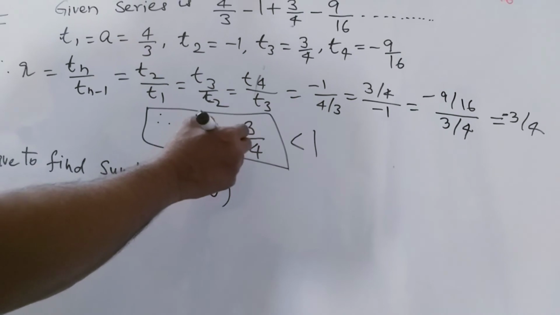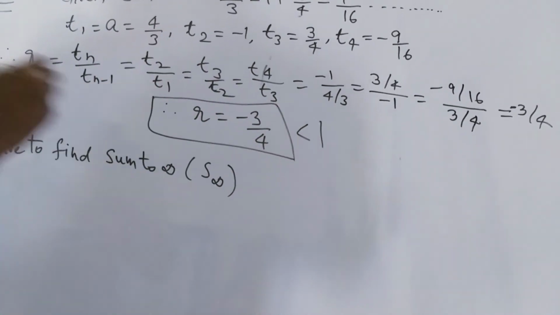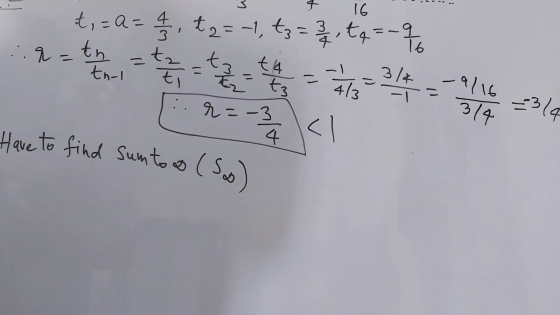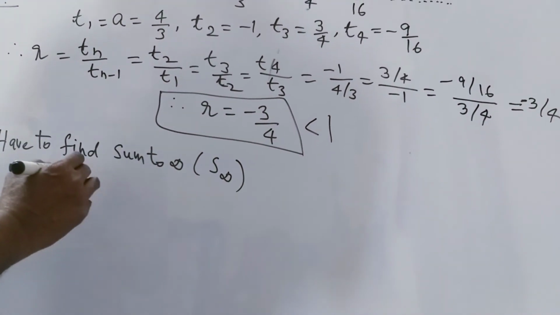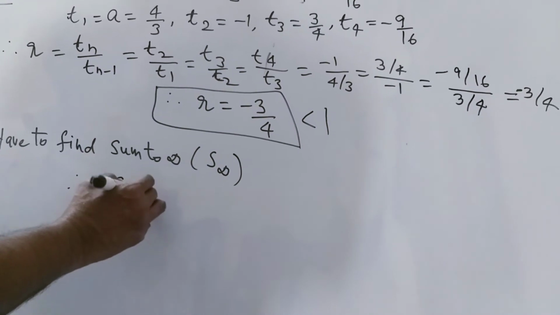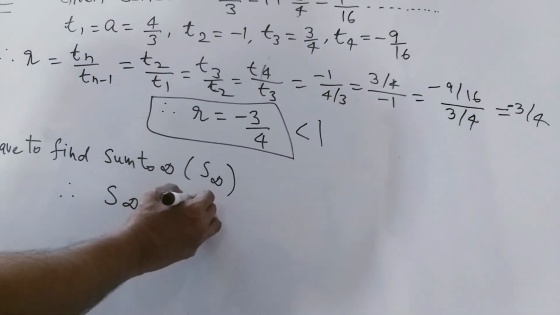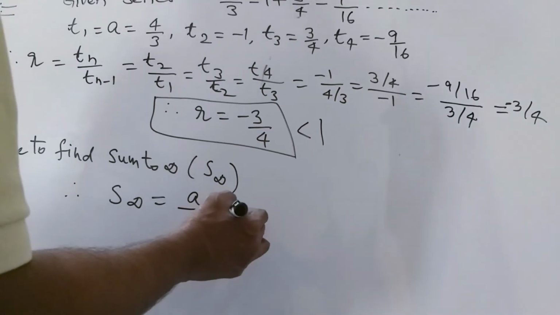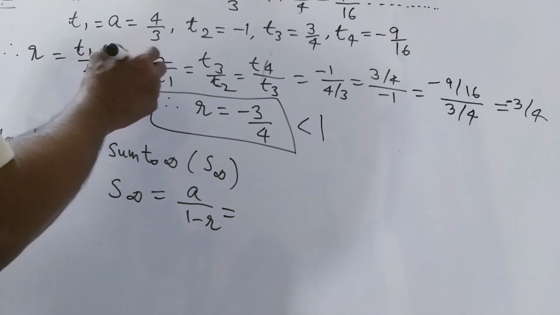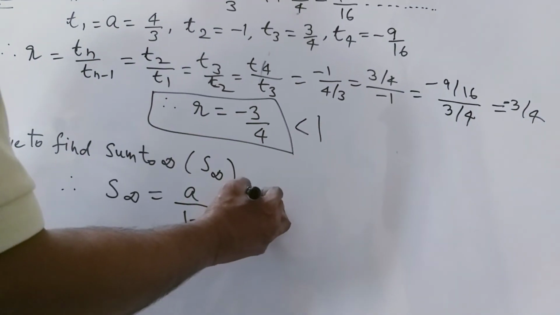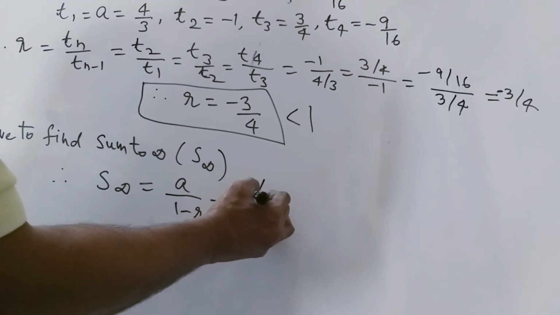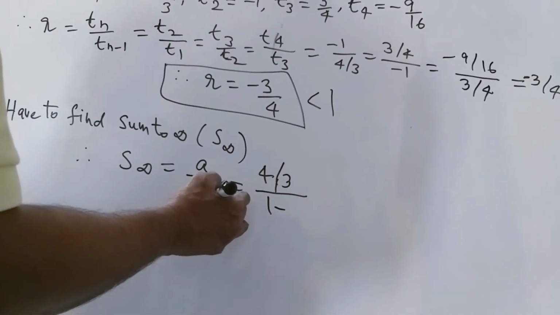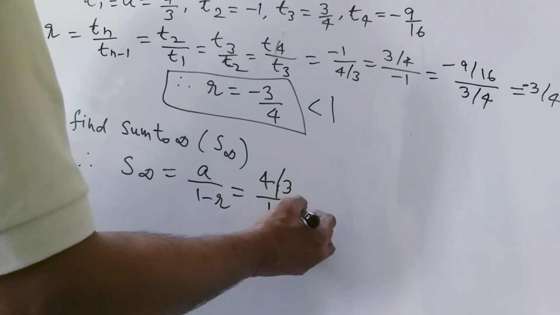Since the common ratio is less than 1, we take the formula and find the sum to infinity of the terms. Therefore, sum to infinity is equal to a by 1 minus r. Here a is equal to 4 by 3, and 1 minus r, common ratio, is 1 minus of minus 3 by 4.